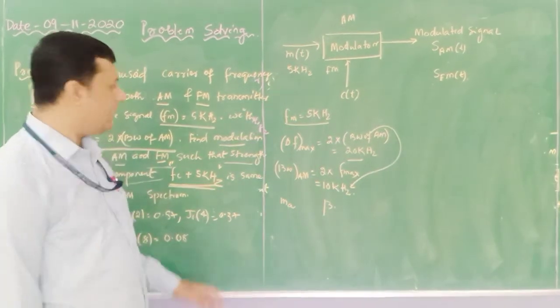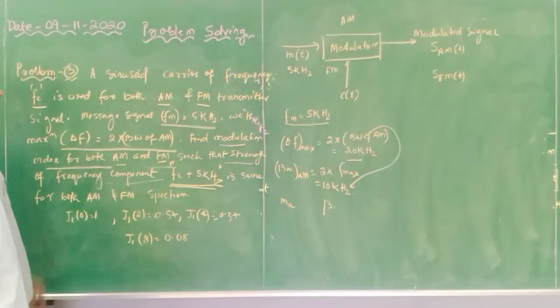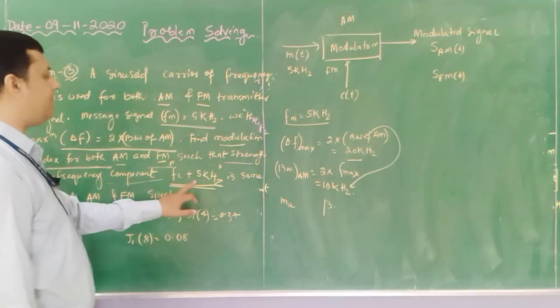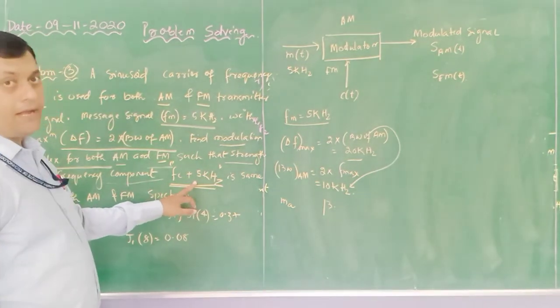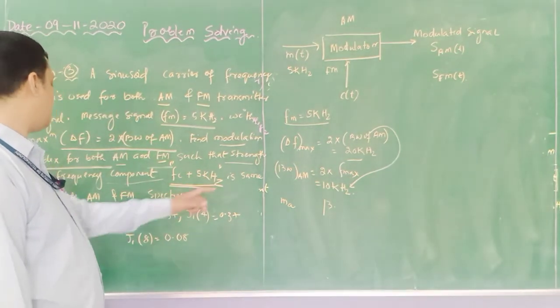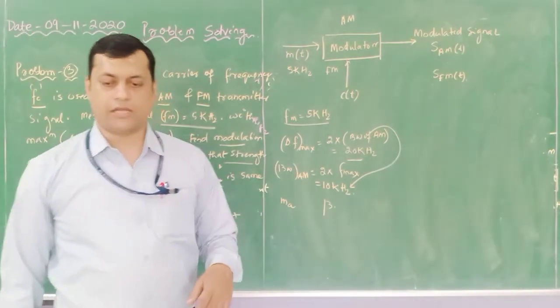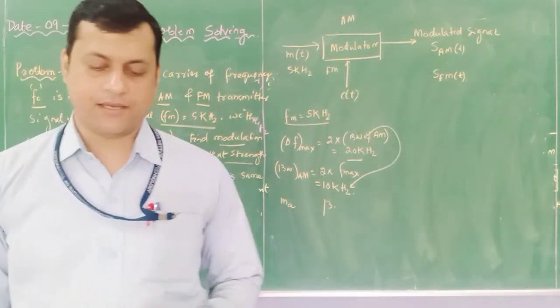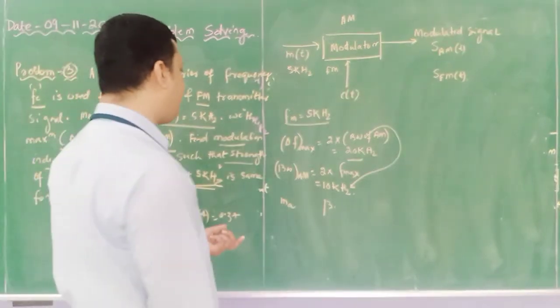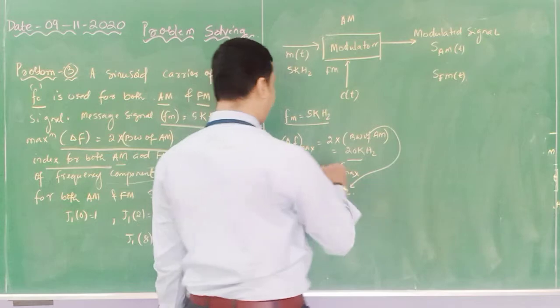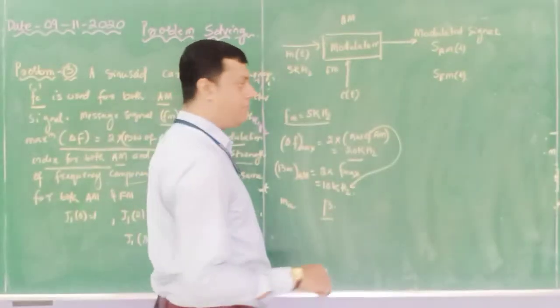One more hint is given: the strength of the frequency component Fc plus 5 kHz is the same for both AM and FM. So if it is the same, how to determine it? First of all we need to calculate beta. Then we can calculate the modulation index of AM.